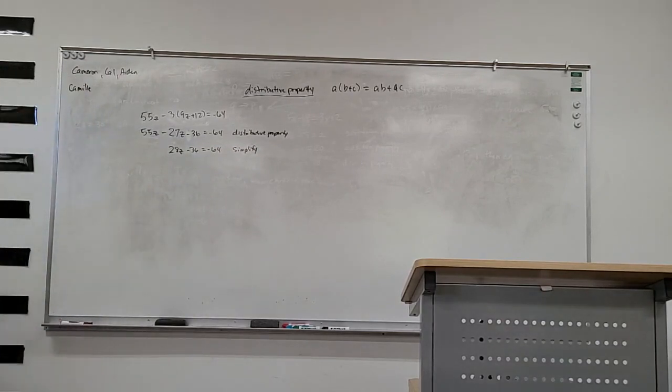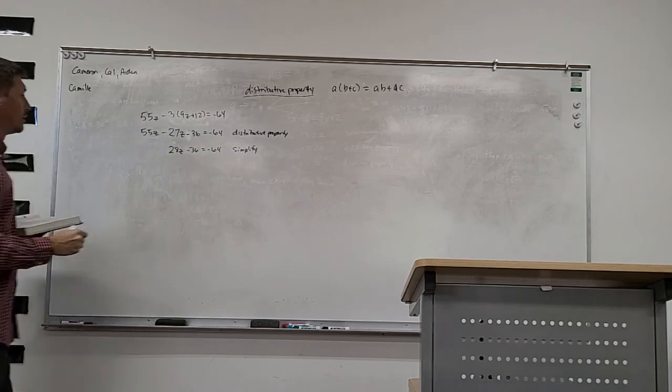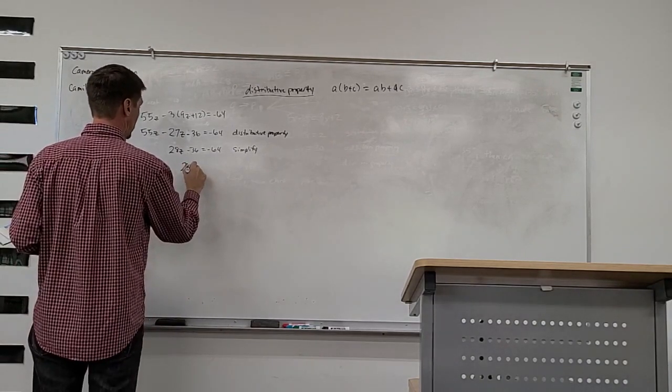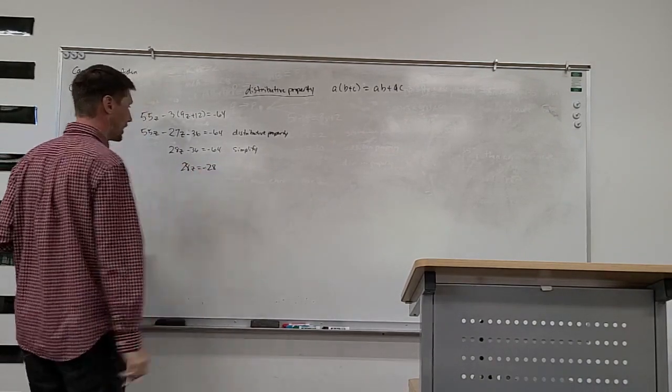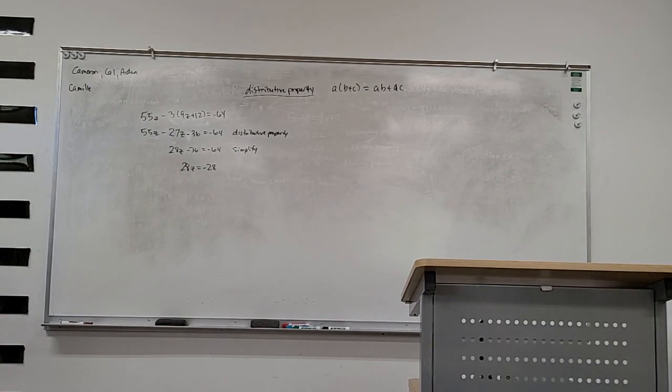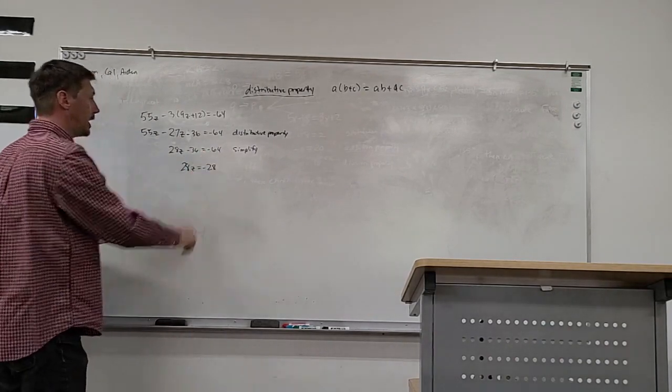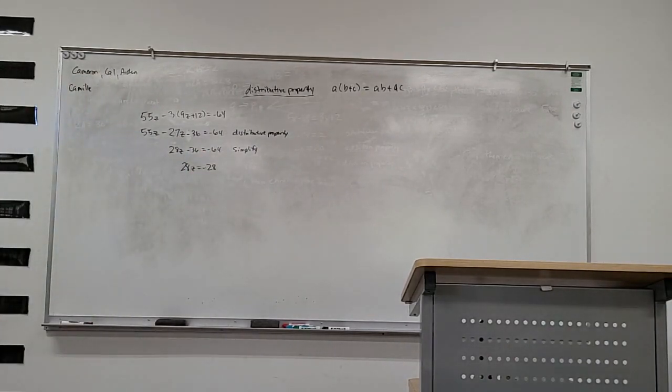We want to move the negative 36 over. So somebody else that hasn't given an answer yet, Gabe? 28Z equals negative 28. And how did you do that? What property? What did you do to get to that? How did that negative 64 turn into a negative 28?